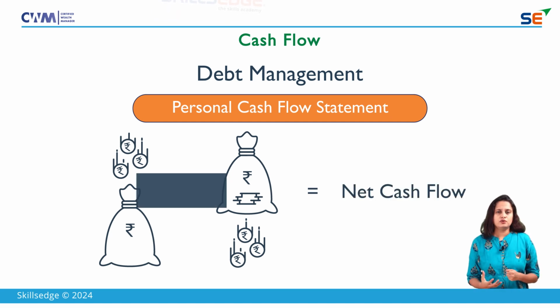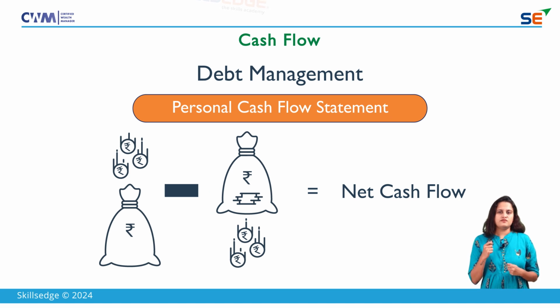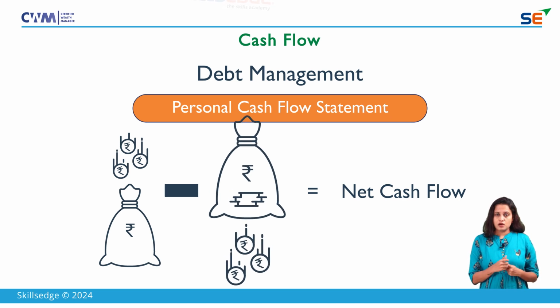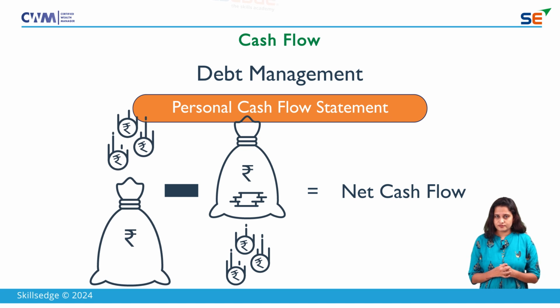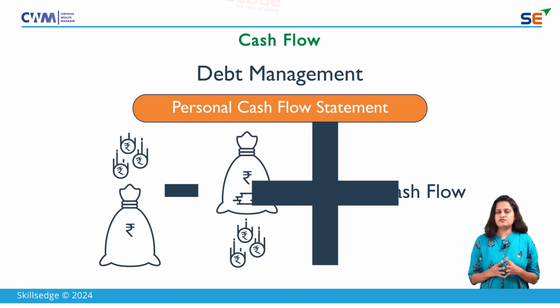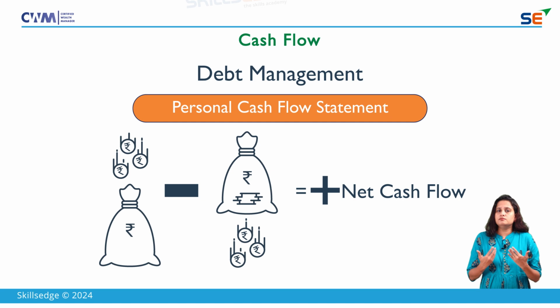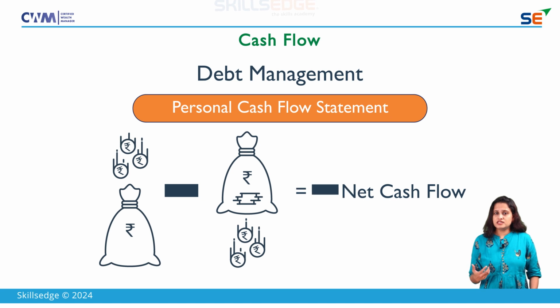Your net cash flow is simply the result of subtracting your outflow from your inflow. A positive net cash flow means you earn more than you spend during a specific period and that you have some money left over. On the other hand, a negative net cash flow means you spend more than you brought in.